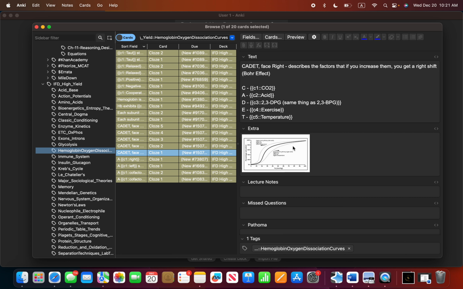And if you increase exercise, which is basically the same as increasing acid coming from lactic acid and the CO2 in your blood, and also increases the temperature of your body. So mainly I need to dig deeper into knowing what 2,3-DPG is.